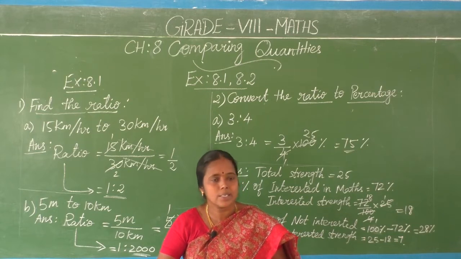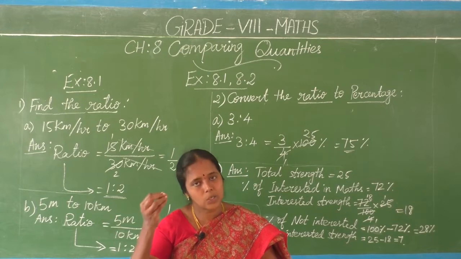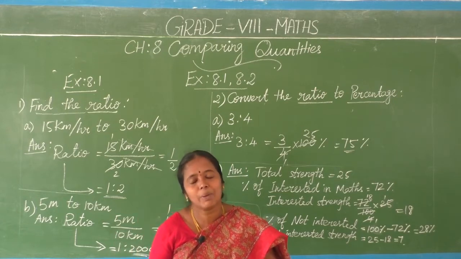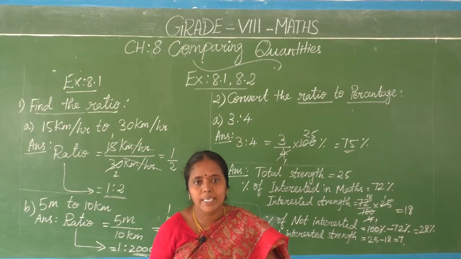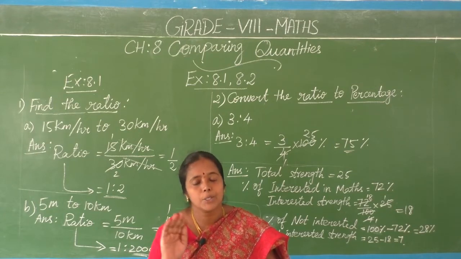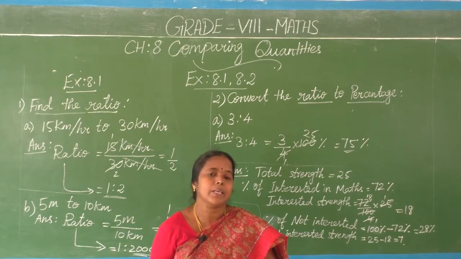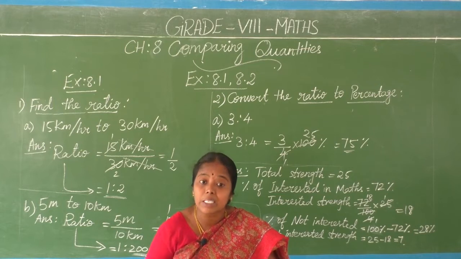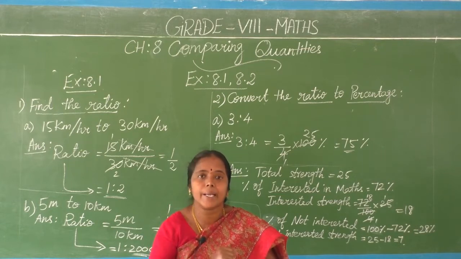What is ratio? Ratio is the method of comparing quantities by division method, representing the term number of times.